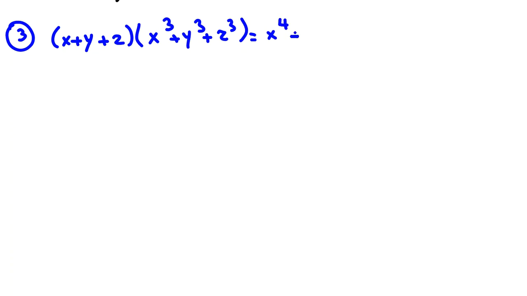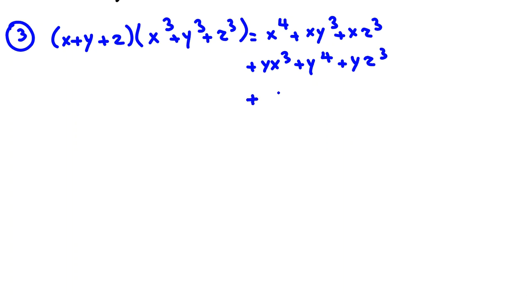It will be x to the 4 plus, at first, xy cubed, if you multiply x, plus xz cubed, plus you multiply y: yx cubed plus y to the 4 plus yz cubed, plus zx cubed plus zy cubed plus z to the 4. We need to use this in the problem.